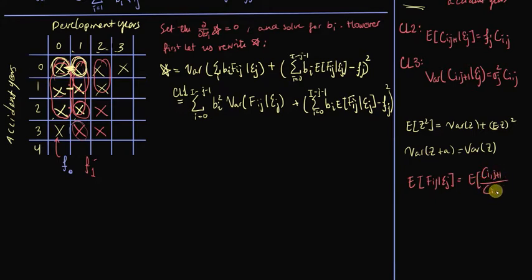So we just put in the definition of the development ratio and note that Cij is measurable with respect to epsilon j, since epsilon j contains all the information from development year 0 to j. So we can take the 1 over Cij outside of the conditional expectation.